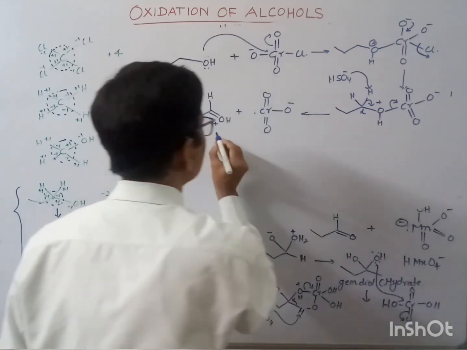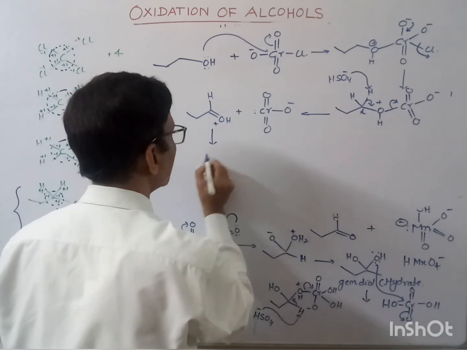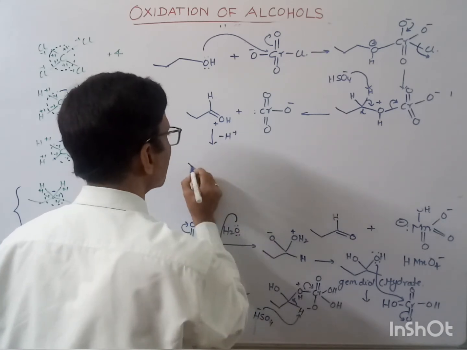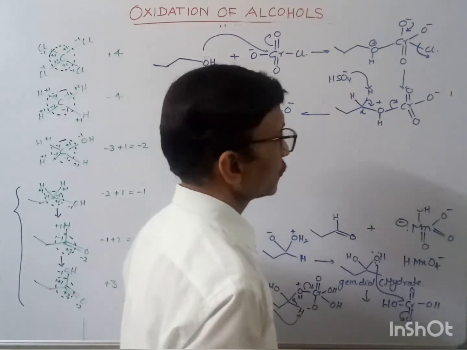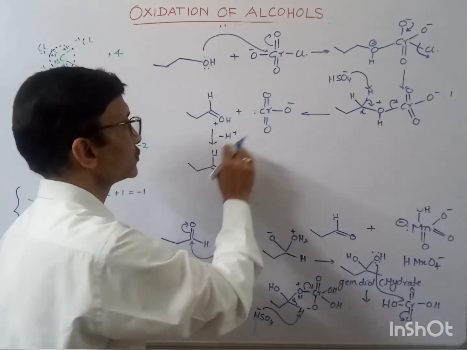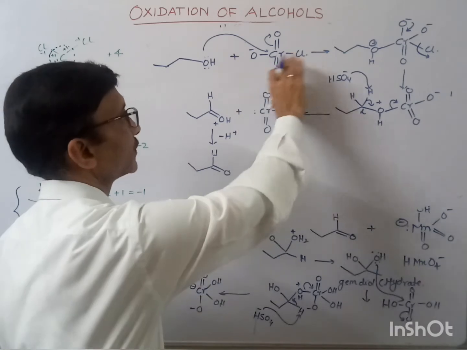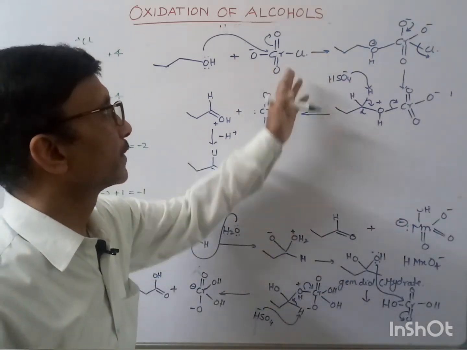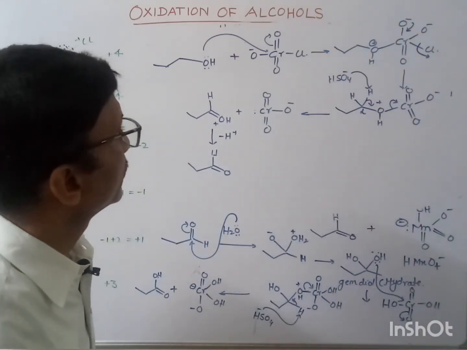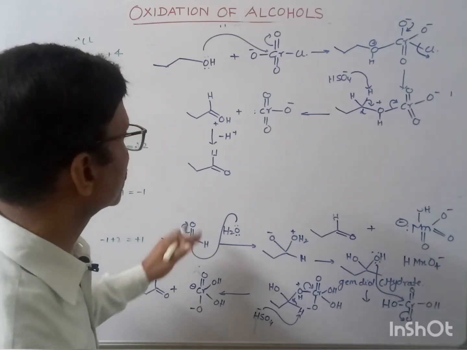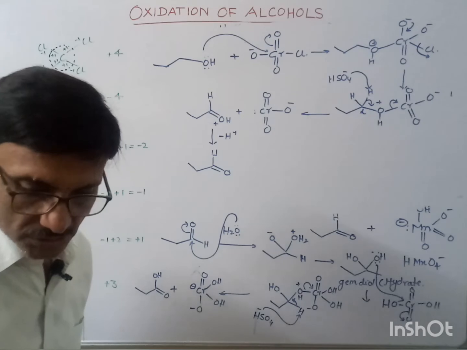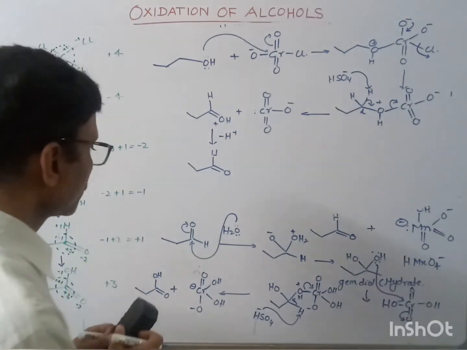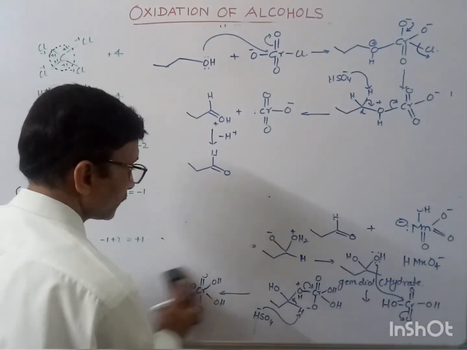Okay, and after losing this H plus, that would be converted into aldehyde. Further this could not be oxidized by pyridinium chlorochromate after the removal of this leaving group. So further oxidation is not possible over here. Okay, so this is the mechanism for the oxidation.